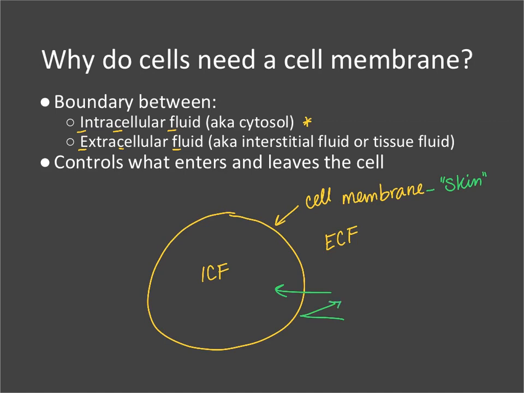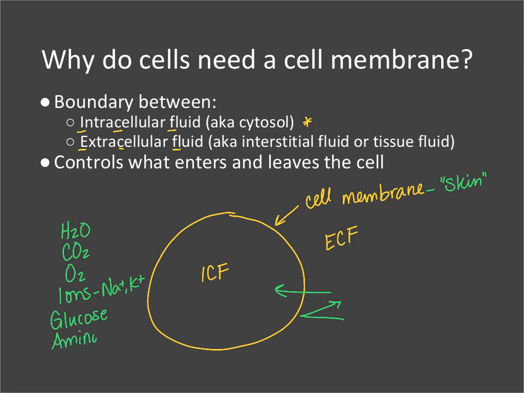If you think about things that need to be able to get across the cell membrane, we're talking about things like water, carbon dioxide, oxygen, maybe some ions such as sodium and potassium. Also things like glucose, maybe amino acids.